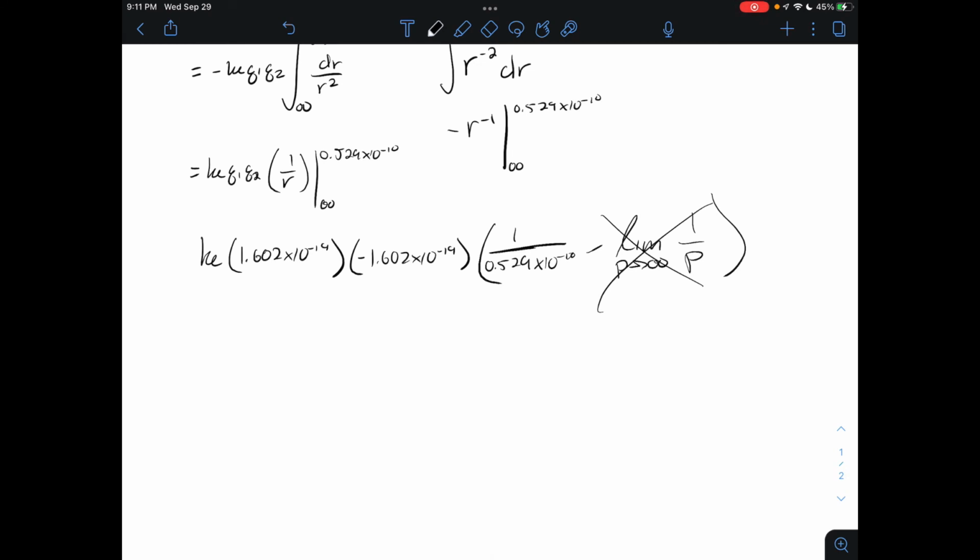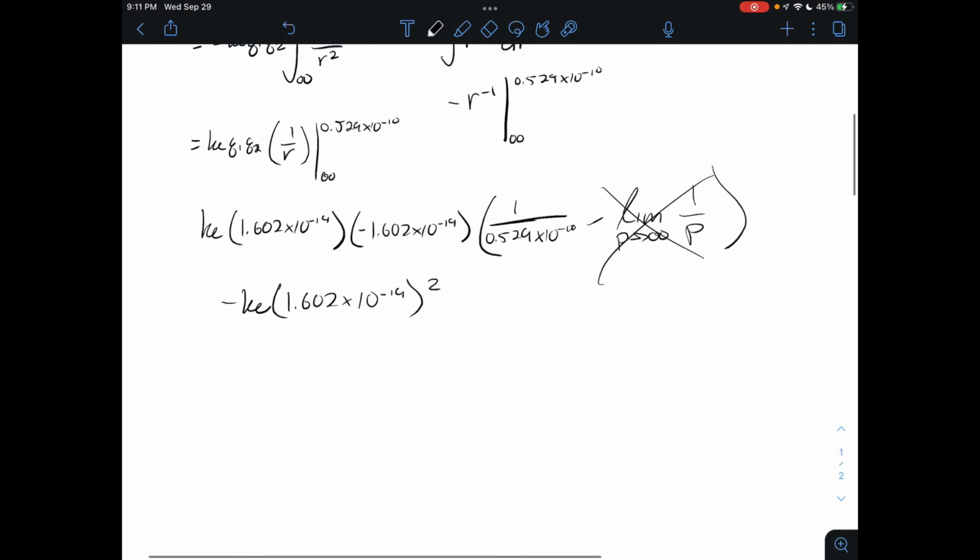And then we're going to end up with KE. I don't feel like writing this out twice, so I'm going to take this negative, put it out front, and just say it's this value squared because they're the same value once I get rid of that negative: 1.602 times 10 to the negative 19th squared, all divided by this radius, because that was our R2, 0.529 times 10 to the negative 10th.